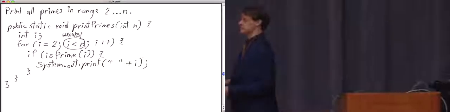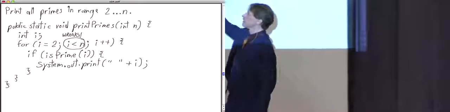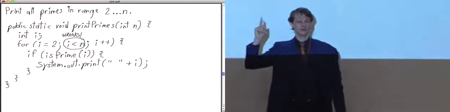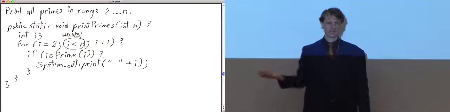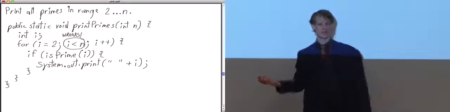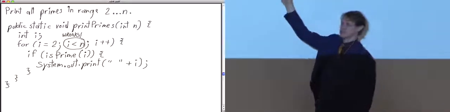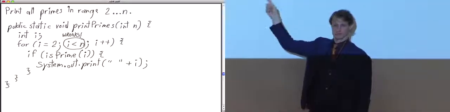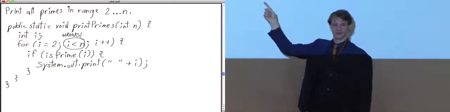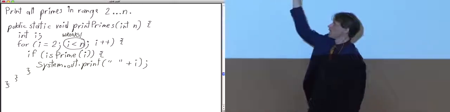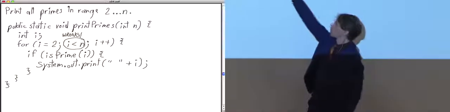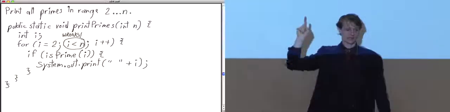And the reason why this is an error is because I want to print out all the numbers from 2 to n, which means I have to iterate over all the numbers from 2 to n. But this loop condition is going to stop us before we do n. We're going to iterate from 2 to n minus 1, but then we're not going to do an iteration when i is equal to n.